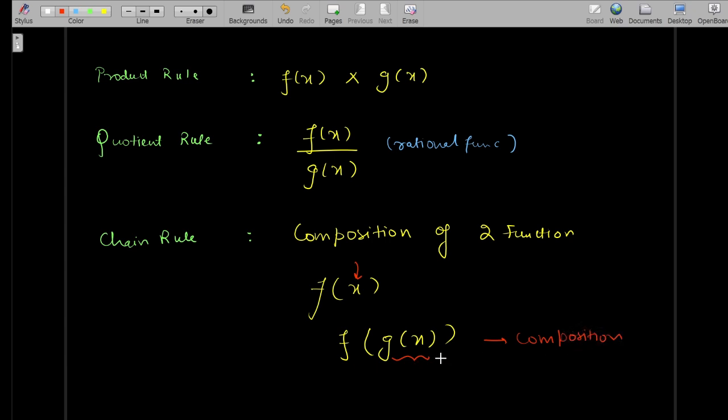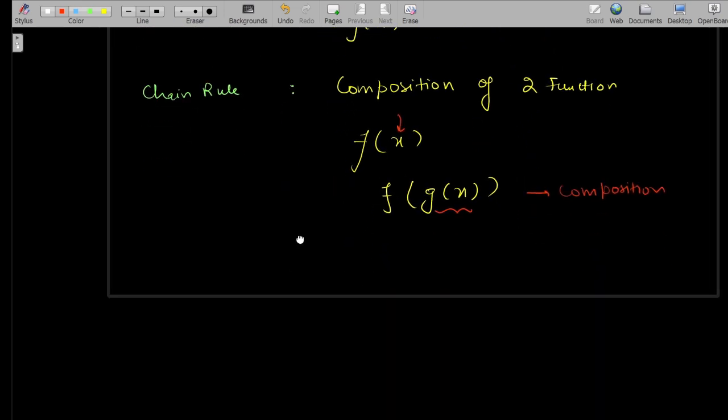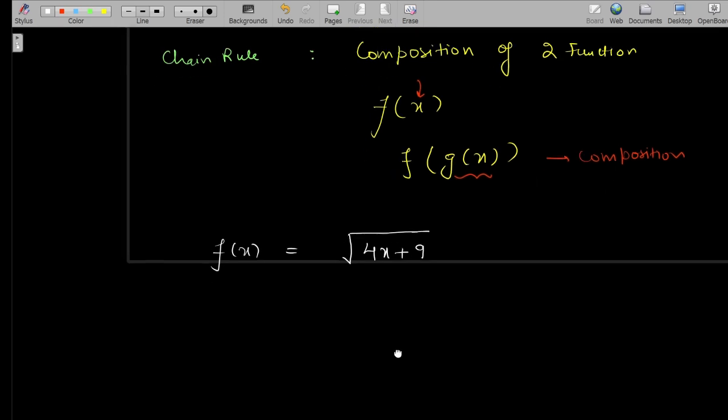So whenever you see one function inside another function, that means that is composition, and then you have to use the chain rule. For example, if you have a function like f of x is equal to square root of 4x plus 9. Why is this a composition?